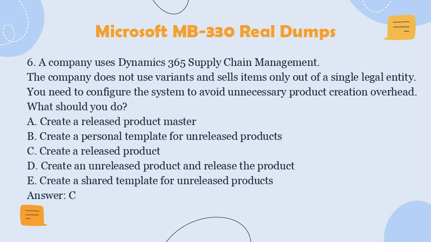A. Create a released product master. B. Create a personal template for unreleased products. C. Create a released product. D. Create an unreleased product and release the product. E. Create a shared template for unreleased products. Answer: C.